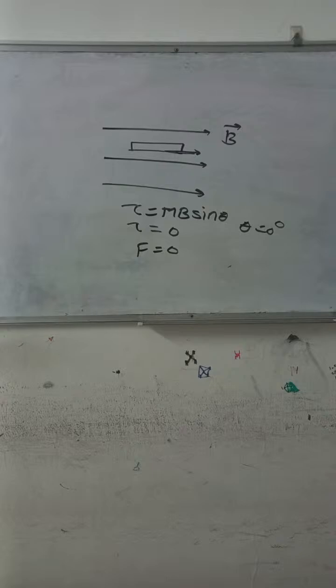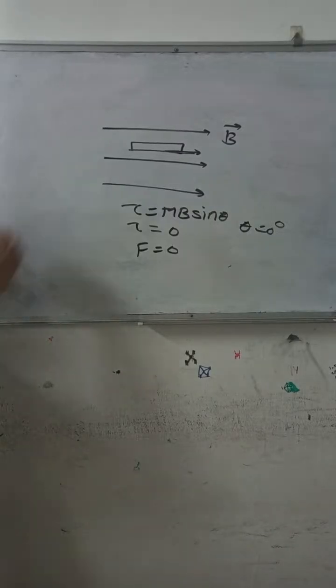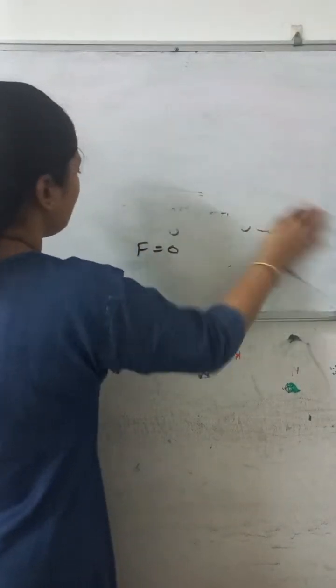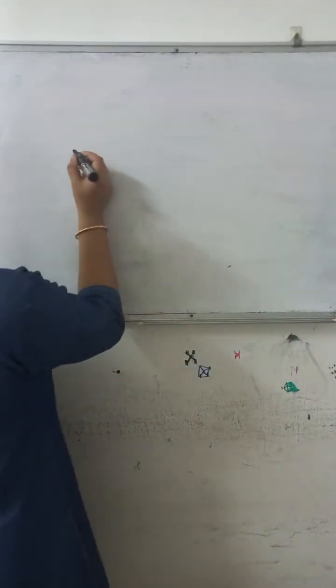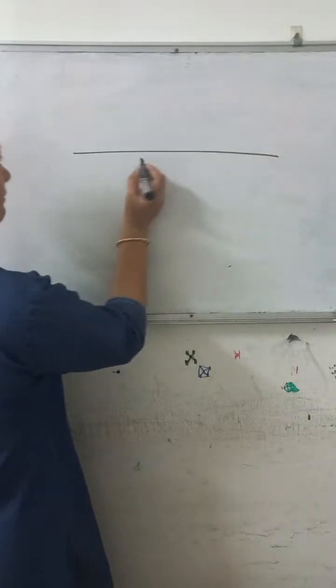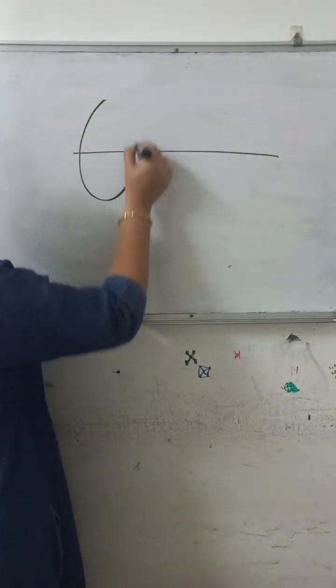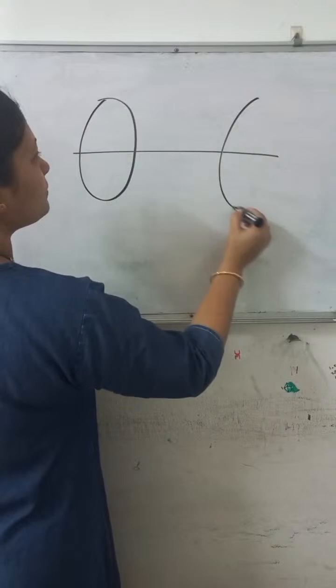Find the magnitude of the net magnetic field at point O. Okay, so from this given information, try to draw the diagram here. Sometimes they give the figure. Very important question, it's very easy but very important. So here we have a plane, and here we have the two circular loops.